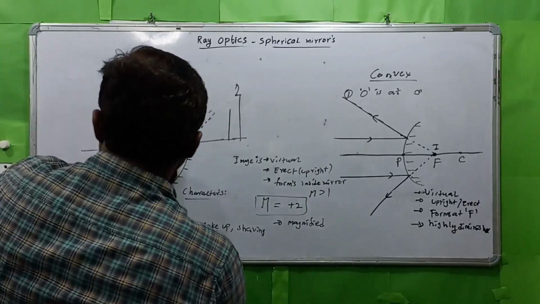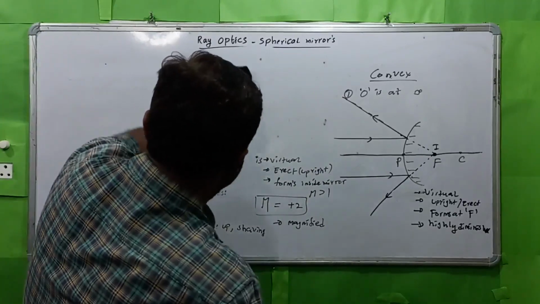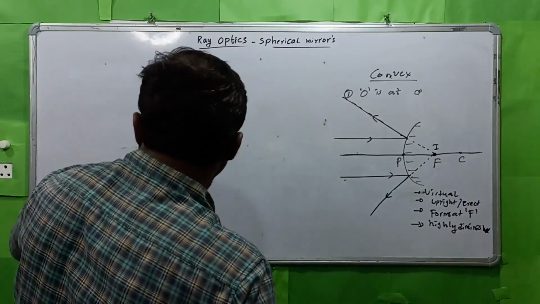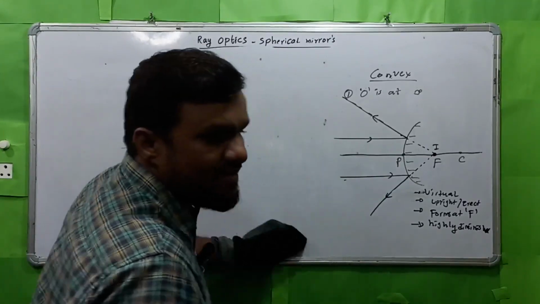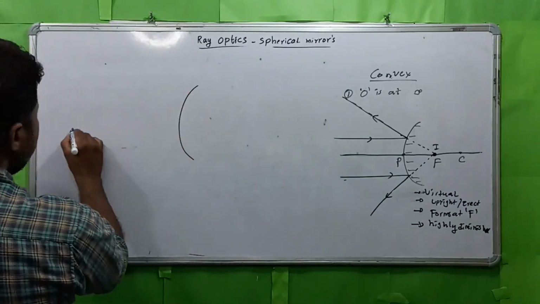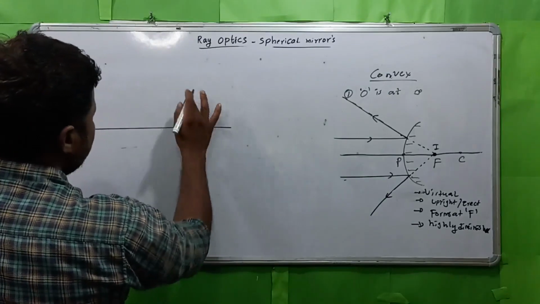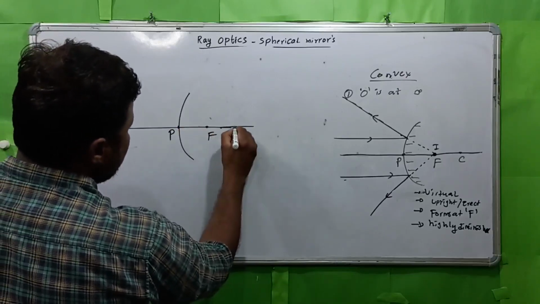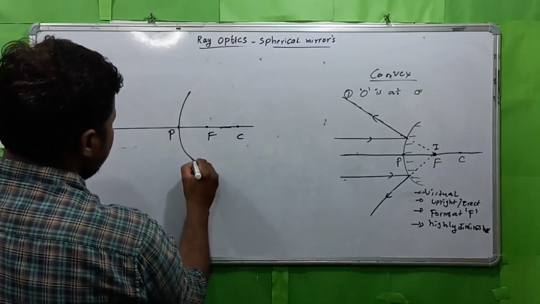Next we will draw the next diagram, the last diagram. For convex mirrors you can draw only two diagrams. Convex mirror: pole, focus, center of curvature.